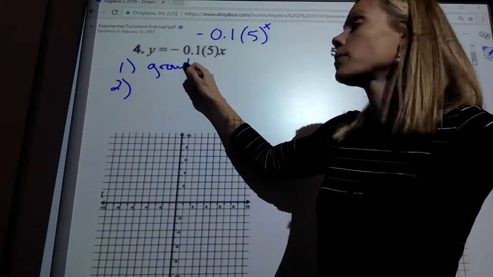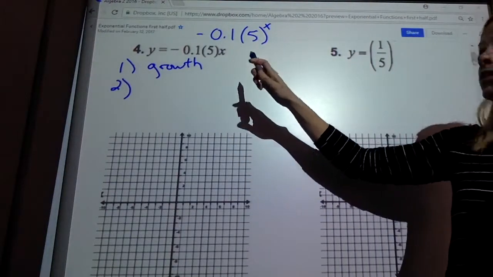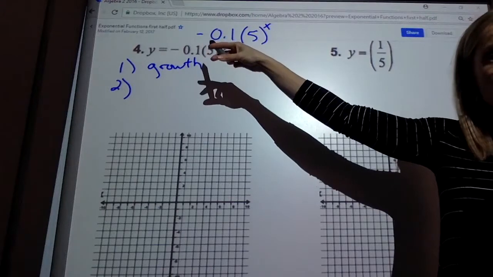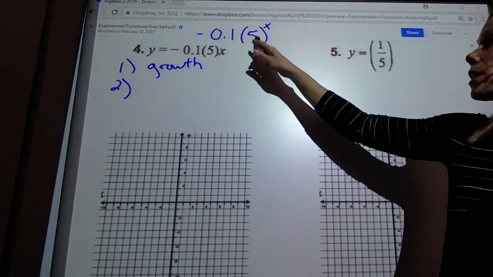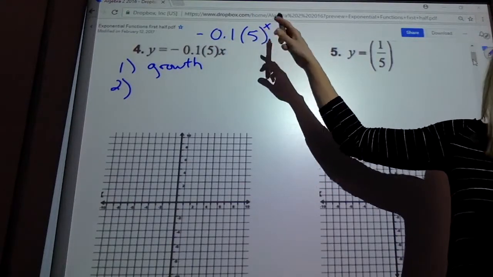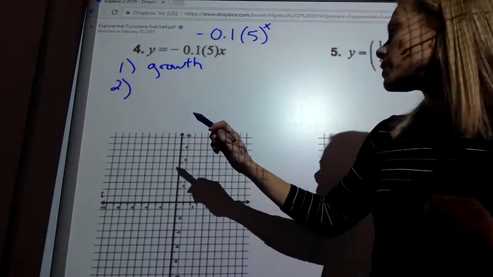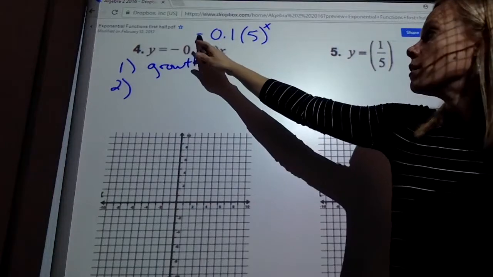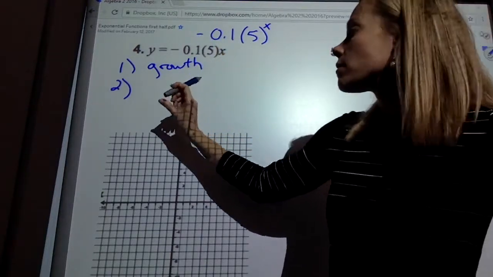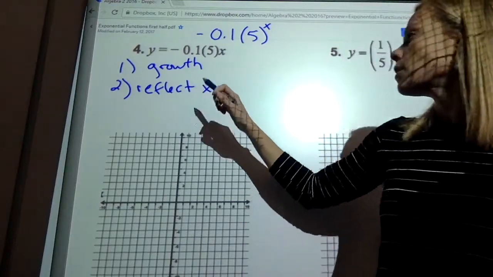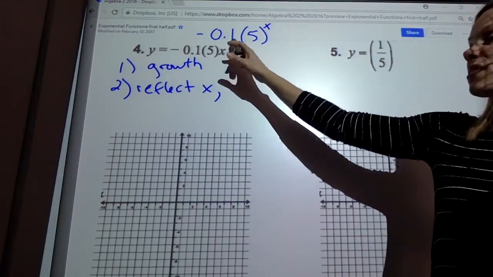Remember order of operations. Order of operations says I would do the exponent first and then multiply. So since you're doing exponent first, 5 is being raised to the x. So that's a growth. What transformations happened here? What does this negative mean? Reflect over the x. Yep. What about this 0.1?